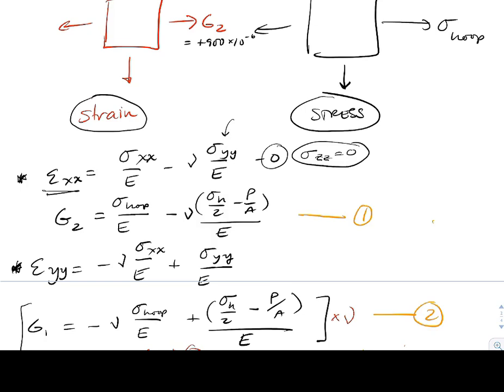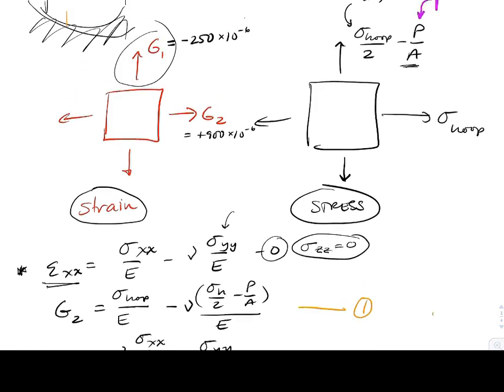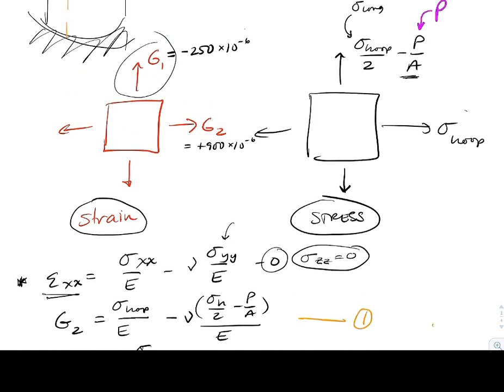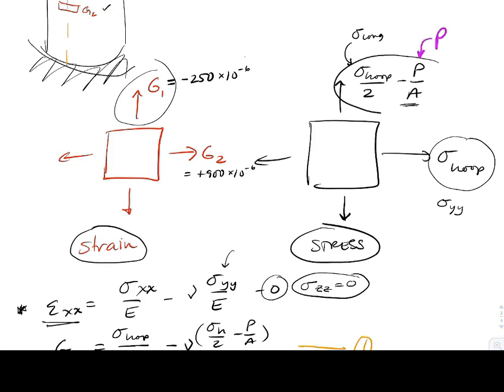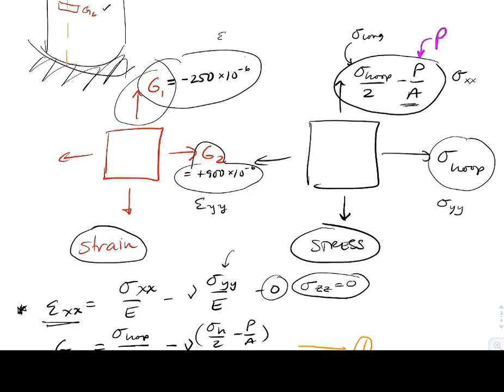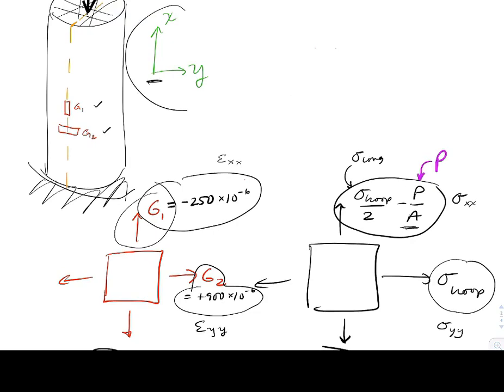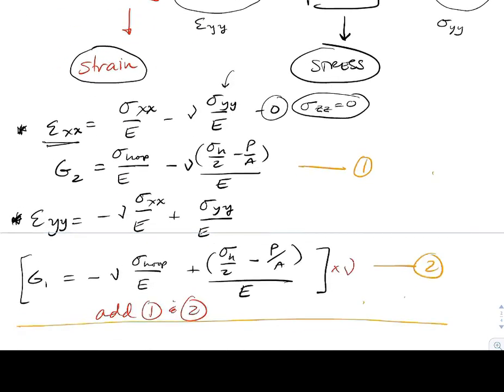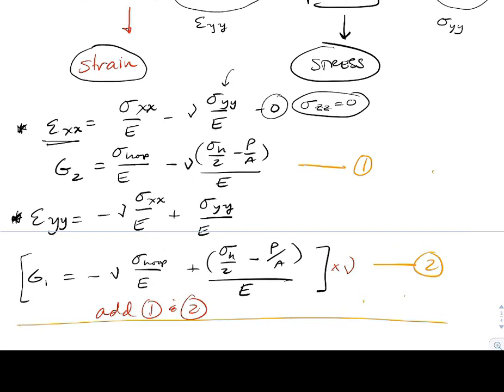Then all we do is plug in what we know from above. Up here we're dealing with the equation for sigma xx. This is eventually going to be epsilon yy, and here is going to be epsilon xx, just keeping in mind our coordinate system.